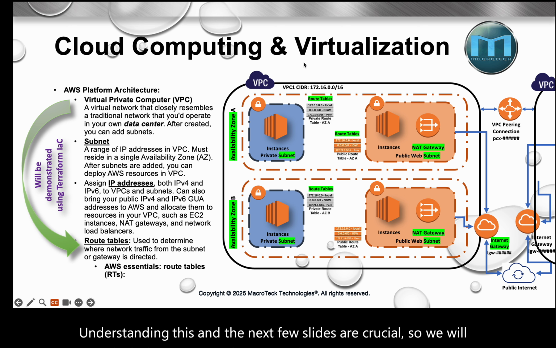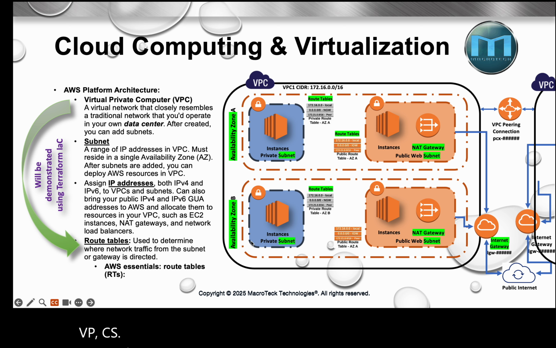VPCs, this outer boundary, similar to a traditional network but in the cloud, comprise multiple availability zones.